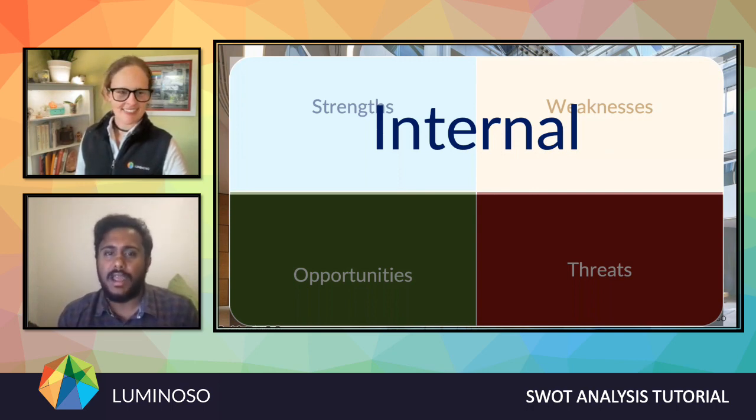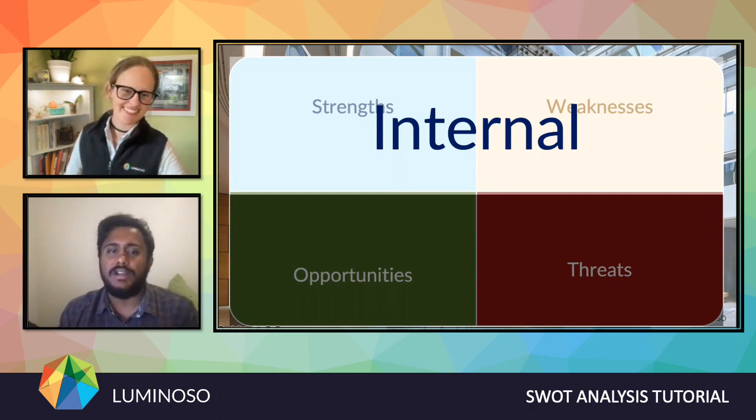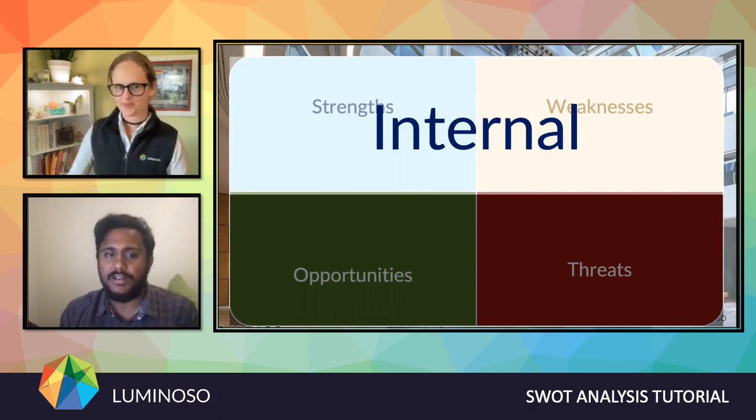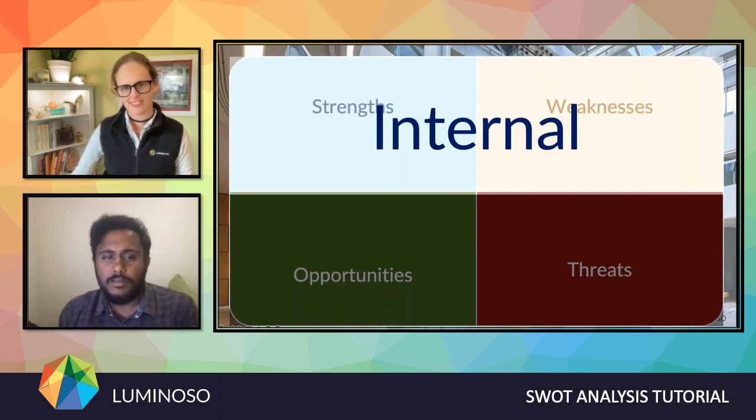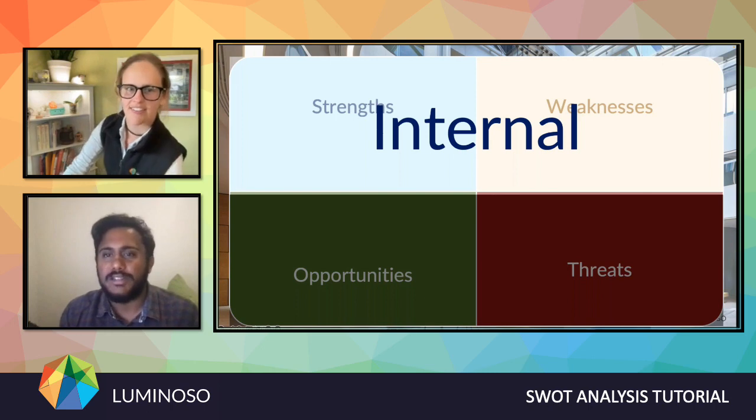Now, weaknesses can encompass factors such as outdated technology stacks, inadequate resources, very poor financial health, inefficient operations, or just lack of domain expertise. So obviously, recognizing weaknesses is crucial for businesses to address and improve upon them to enhance performance and to minimize vulnerabilities.